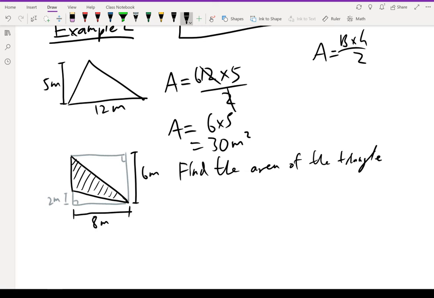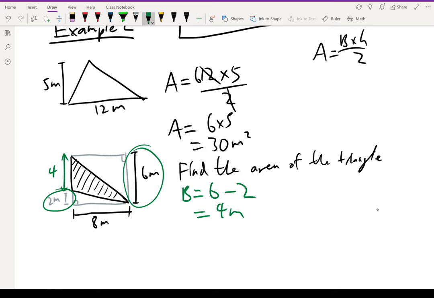Well, 8 is not the base because it is just the length from here to here. That's not a base. And so the base that we can find is actually this over here. And because this other side is 6, and this side is 2, our base is going to be 6 minus 2, which is 4 meters.